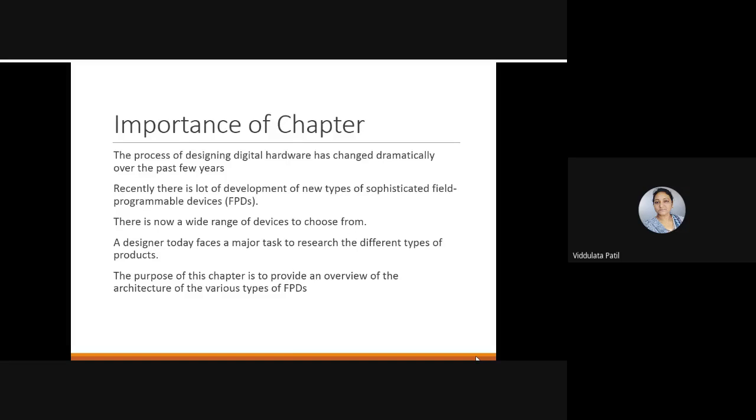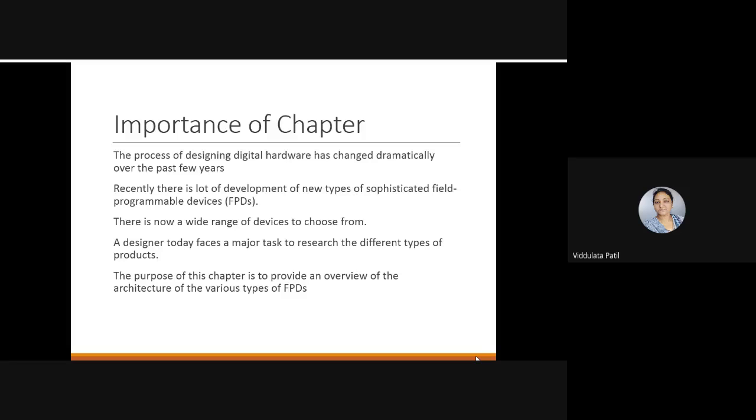So there is now a wide range of devices for the designer to choose from, and that is why a designer is facing confusion about which device has to be selected.